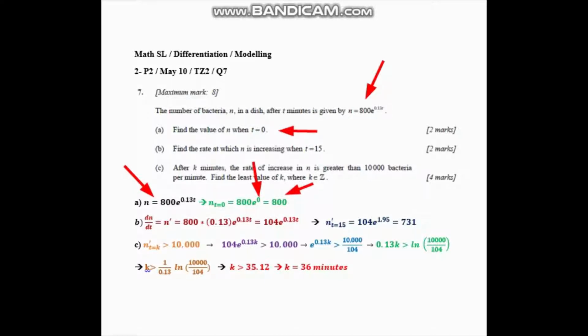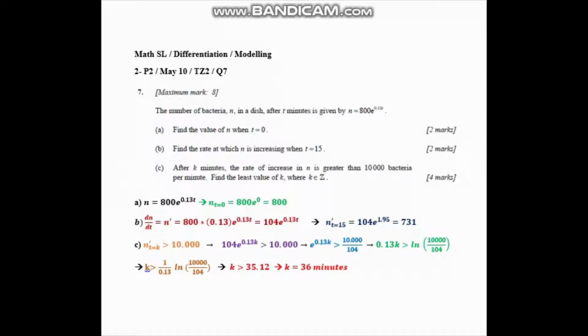Now in question B, you are required to find the rate at which N is increasing when t equals 15. Like we said in the previous question, to get the rate of increase, I need to get N dash. And N dash is given by 800 times the coefficient of t, 0.13, times e to the power of 0.13t, which gives us 104 e to the power of 0.13t.